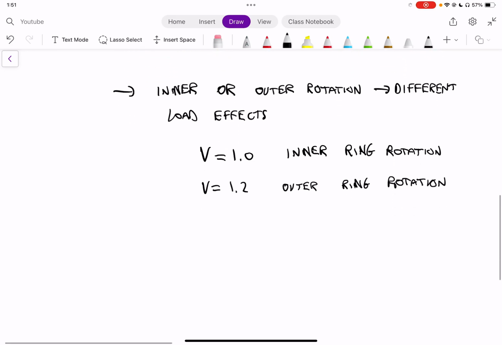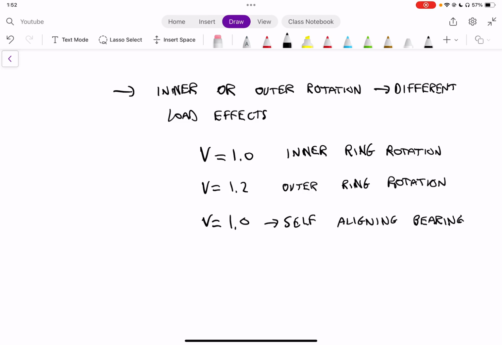And V is going to be equal to 1.0 if you have a self-aligning bearing. And a self-aligning bearing is a different type of bearing, but you could have that in a question, but I'll invite you to look up what a self-aligning bearing is. There's also that information in your book if you want to.